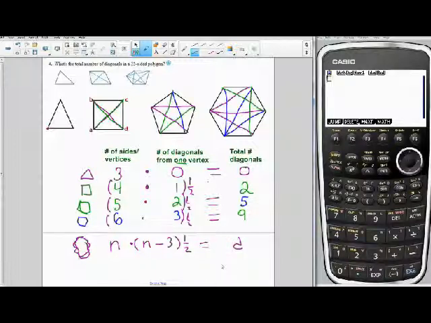And that's how we get our formula. d is equal to n times n minus 3 over 2, or 1/2, however you want to do it. And that's actually a quadratic, which I alluded to. You can use the quadratic to even work backwards. Say you're given the number of diagonals, you can solve the quadratic to find the number of vertices. But we're not interested in that.